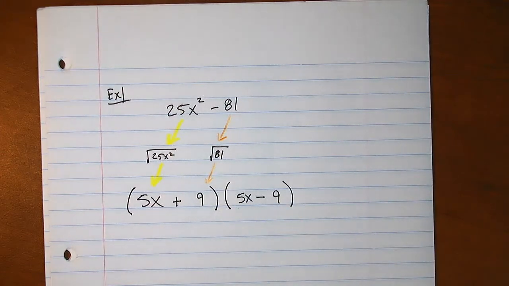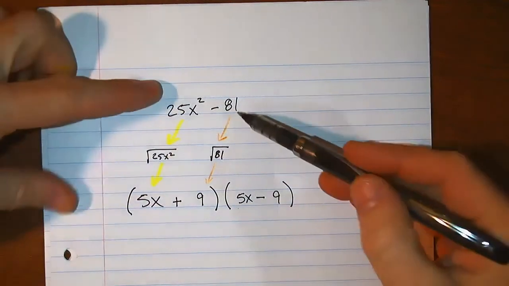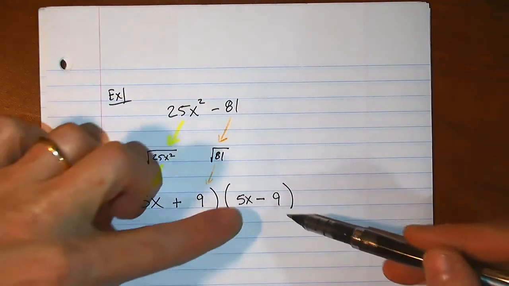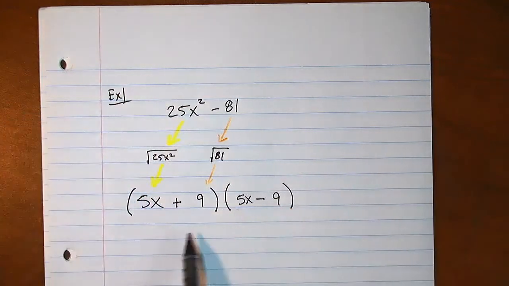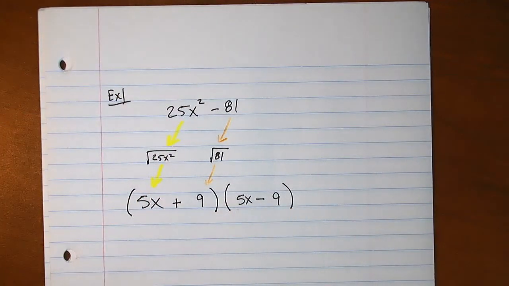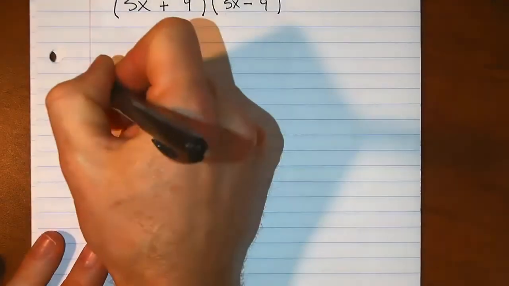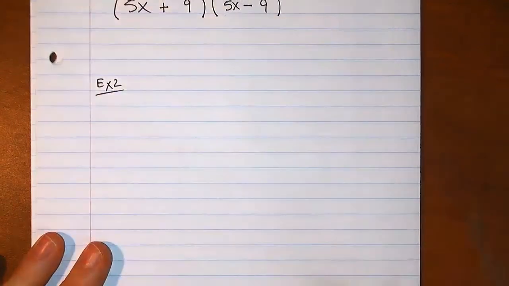And so that's my answer. My basic process: take those square roots to find my two numbers. The same numbers go in both parentheses, just give one of them a plus and one of them a minus. And that's how we use our shortcut. All right, let's do one more with the shortcut, and then that'll be it for this video.